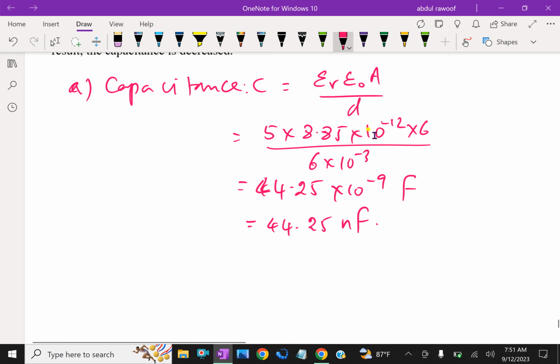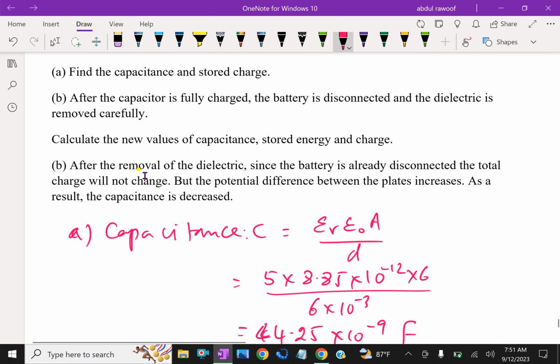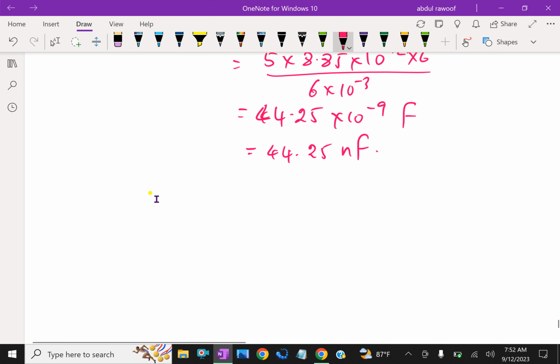The stored energy, we have to find stored charge. The formula: Q equal to CV.